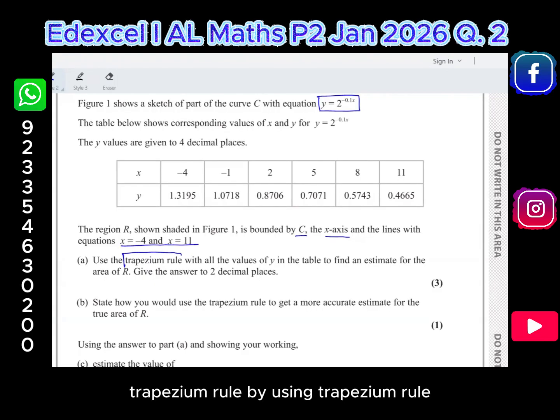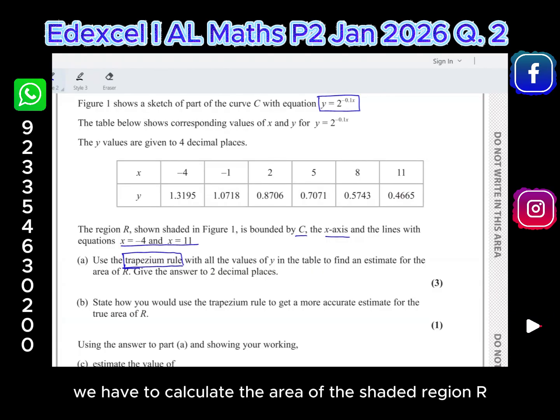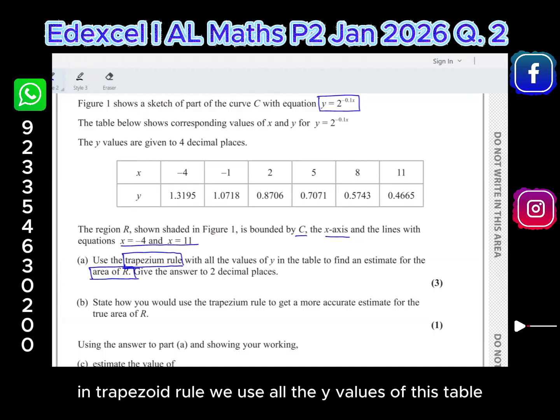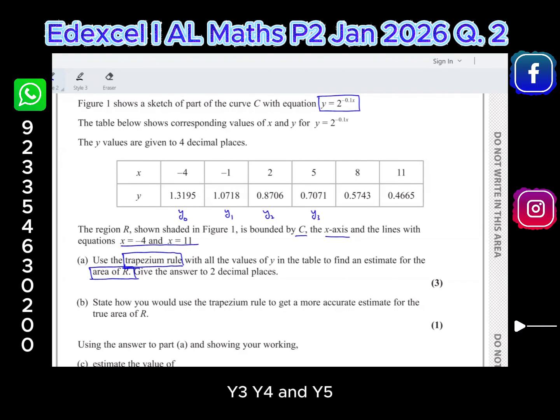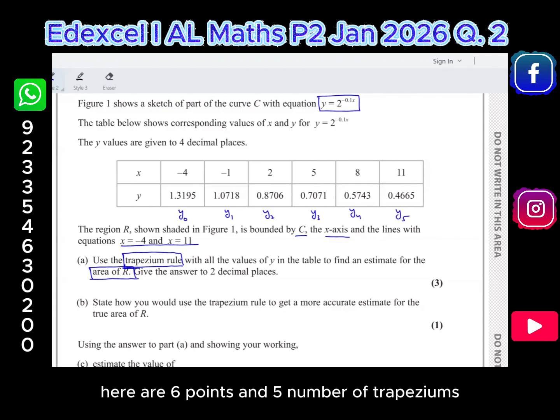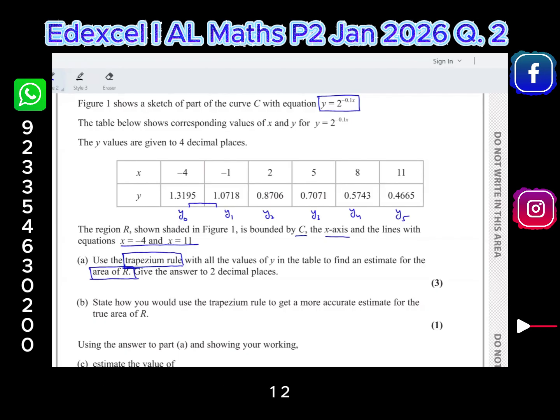Trapezium rule. By using the trapezium rule, we have to calculate the area of the shaded region R. In the trapezium rule, we use all the y values of this table. The first value is y0, second is y1, y2, y3, y4, and y5. Here are 6 points and 5 trapeziums: 1, 2, 3, 4, and 5.